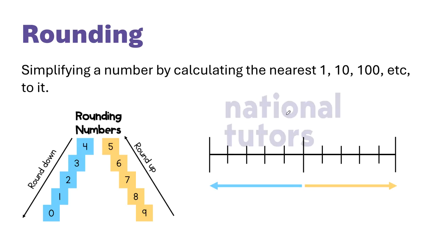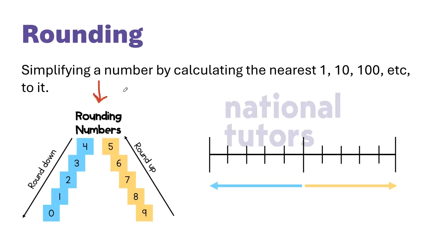If I had the number 14 and I wanted to round it to the nearest 10, would I round it up or down? Now that's a really good question. To answer that, we're going to look on the left-hand side here.